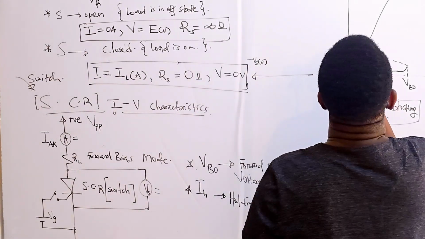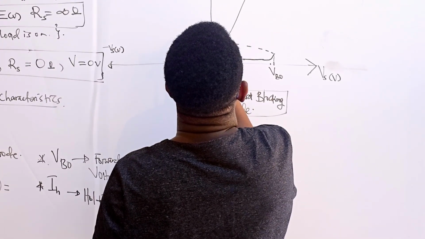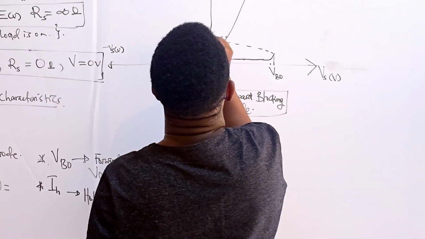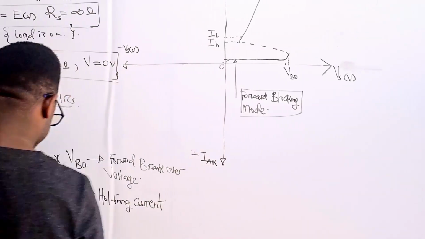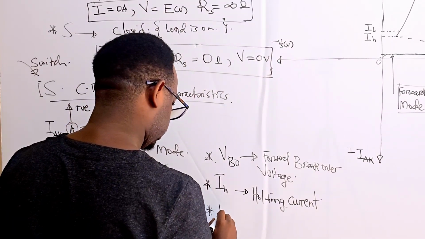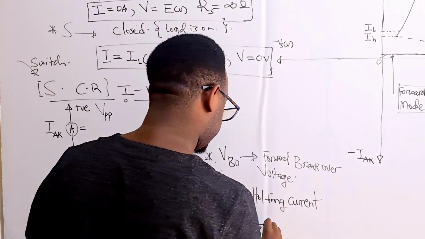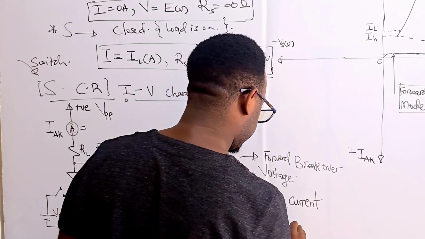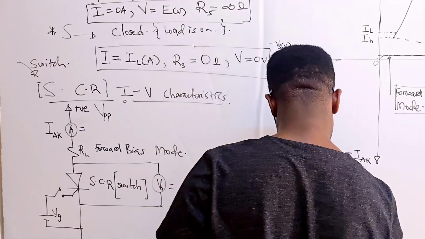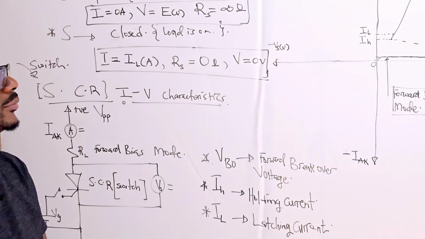Slightly above it is IL, what we call the latching current.